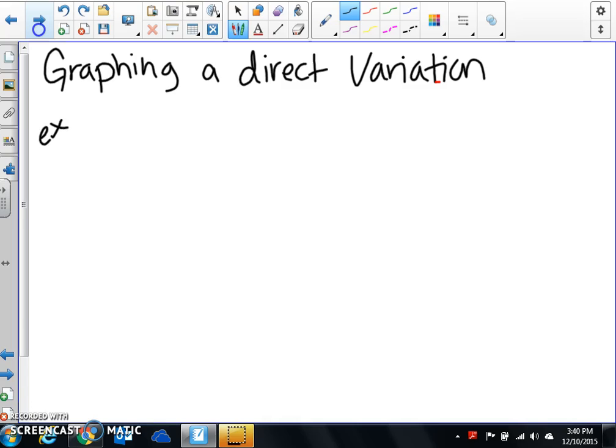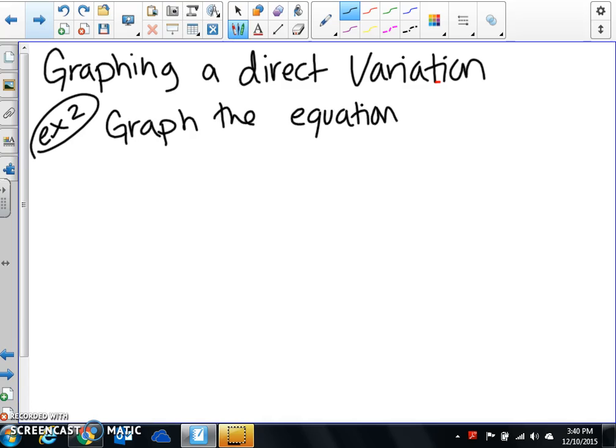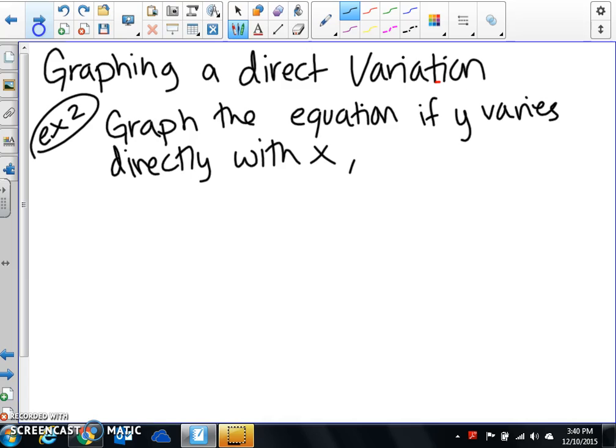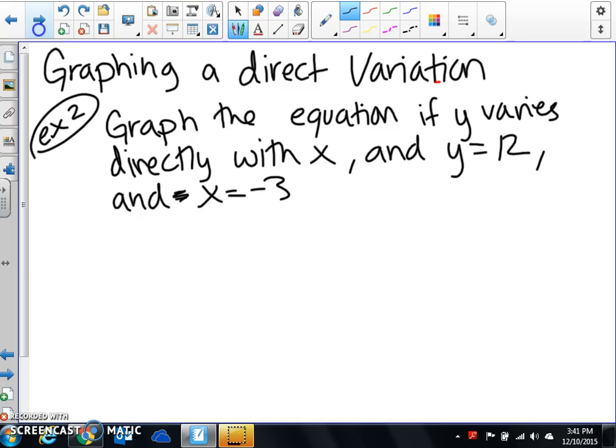Graph the equation if y varies directly with x and y equals 12 when x equals -3.